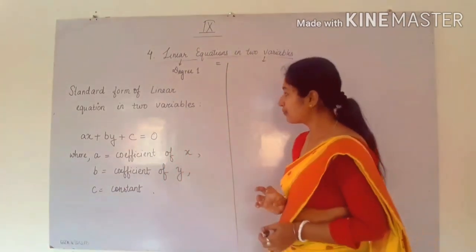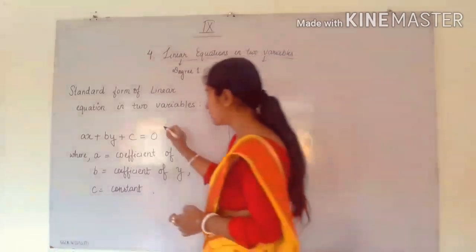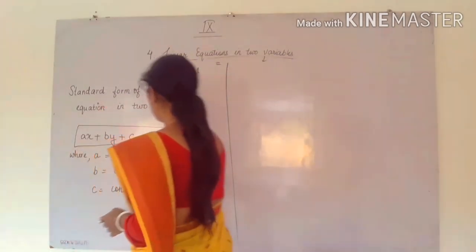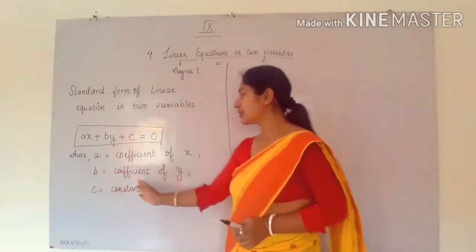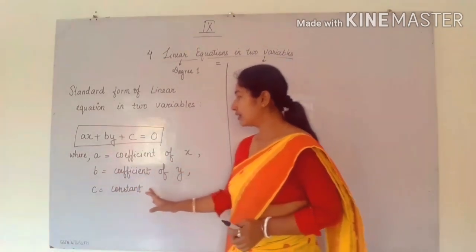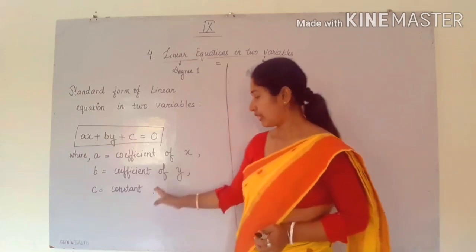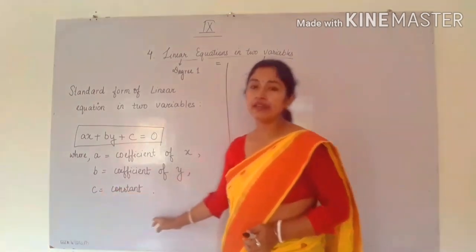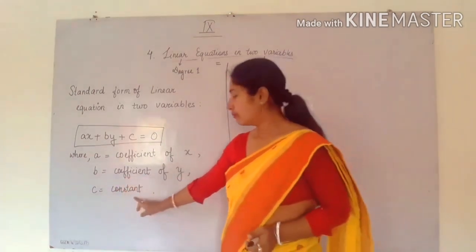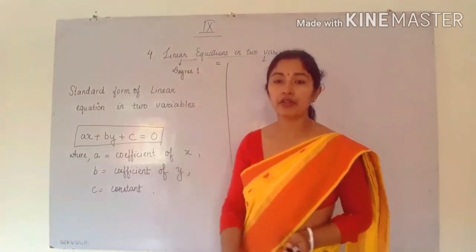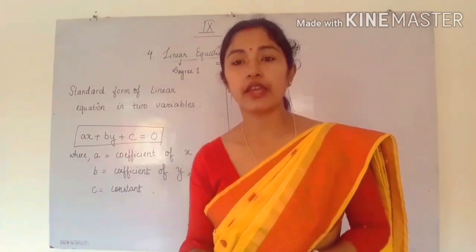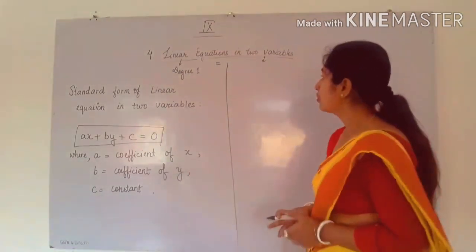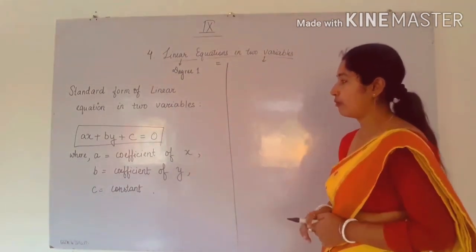So this is the standard form of linear equation in two variable, where a is the coefficient of x, b is the coefficient of y, and c is the constant value. It can have any real number value, that means rational as well as irrational.